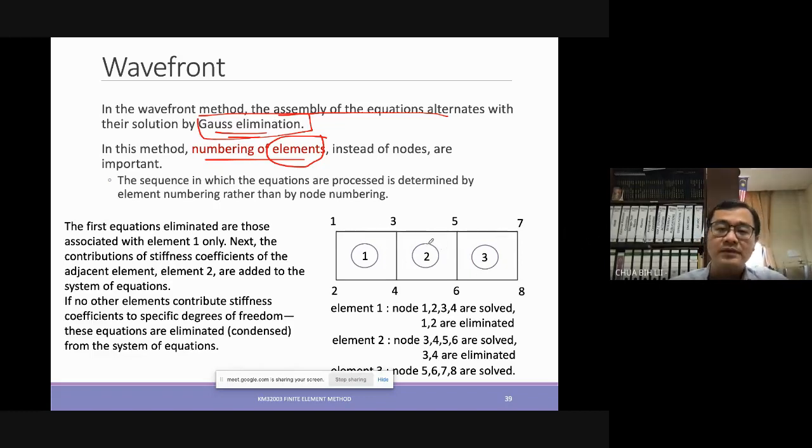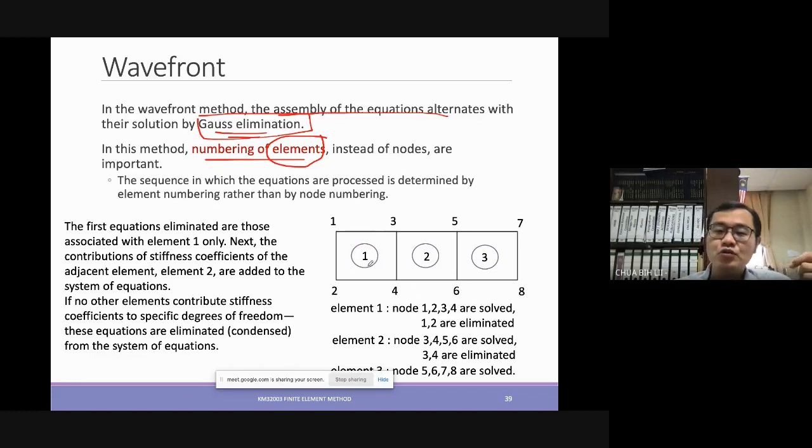So why we need this to be numbered in this sequence is because when we try to solve for the solutions, the arrangement of the equations, or the assembly of equations, is actually grouped by the element number.